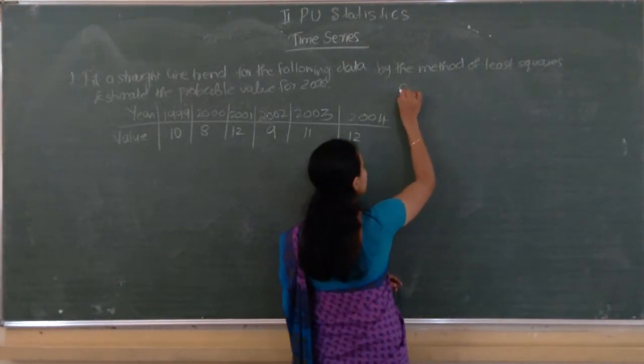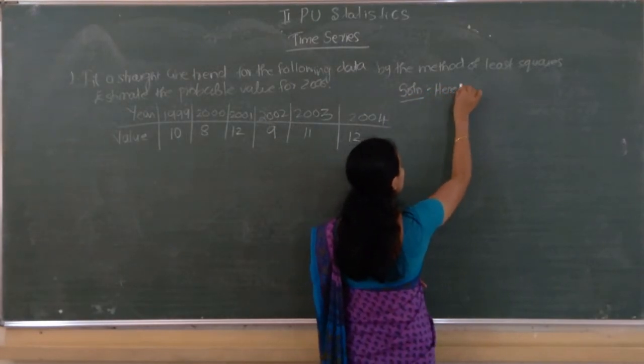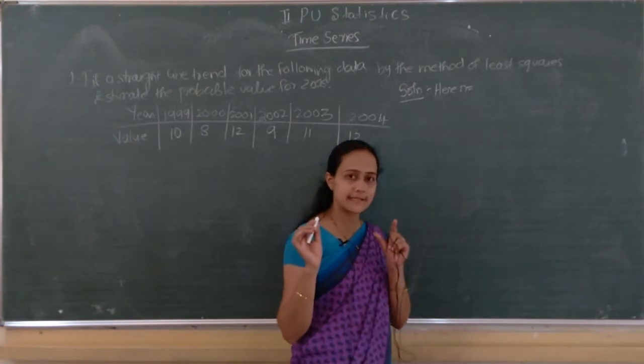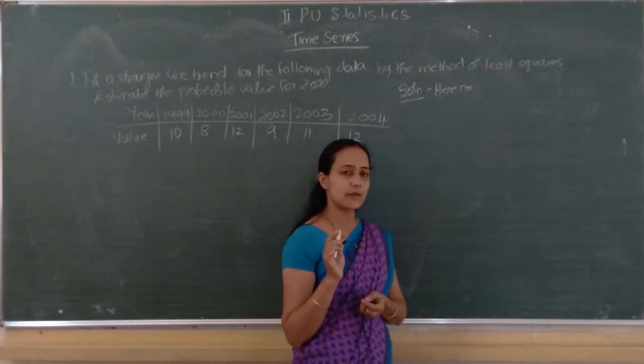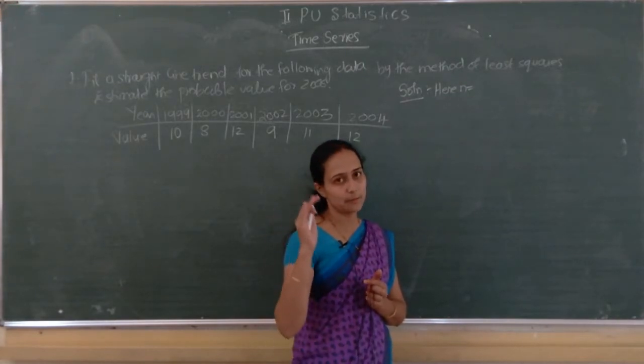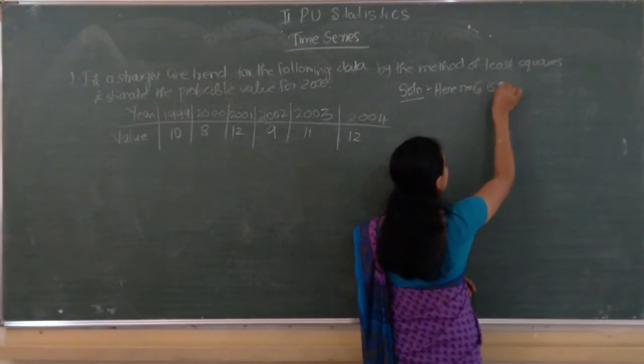So I will write here: Solution. Here n equal to, not m, in the moving averages method it is m, in the least squares method it is n, the number of observations or number of years. Here n equal to 6 is an even number.